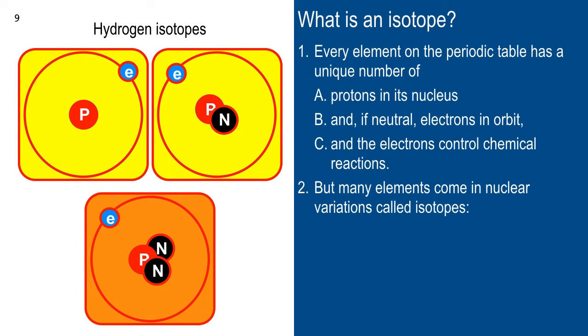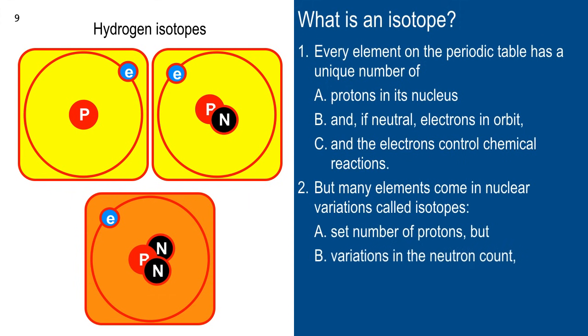Many elements, however, come in nuclear variations, and those are called isotopes. So it's important to remember this. There's a set number of protons, but in the nucleus there are variations in the number of neutrons, and this is naturally occurring. So here are 3 pictures of hydrogen isotopes.